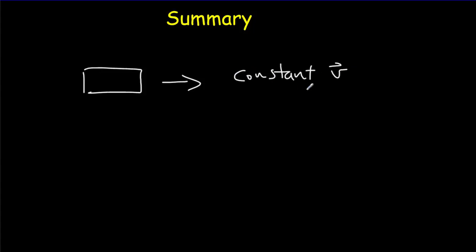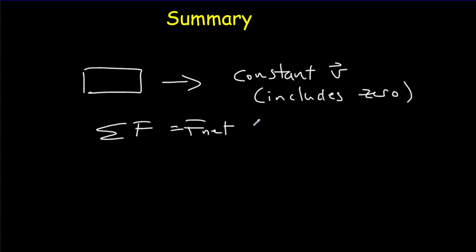So what I want you to get out of this video is that if you've got any object and it's moving at a constant velocity, and that constant velocity might be 0, then you know that the net force, the sum of the forces, also called the resultant force, has to be equal to 0.